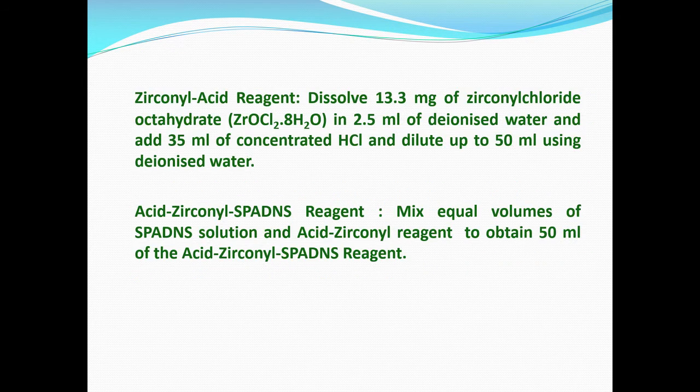So, what else will you need? You have to prepare the zirconyl acid SPADNS complex. For that, take 13.3 milligram of zirconium oxychloride, zirconyl chloride octahydrate, add 2.5 ml of deionized water, add 35 ml of concentrated HCl and dilute up to 50 ml using deionized water.